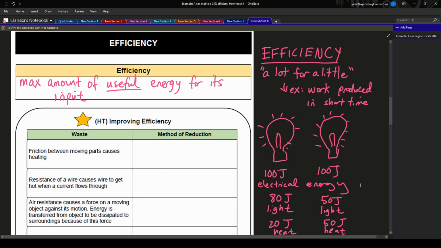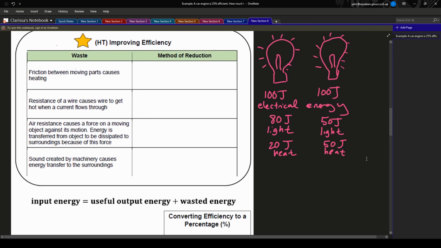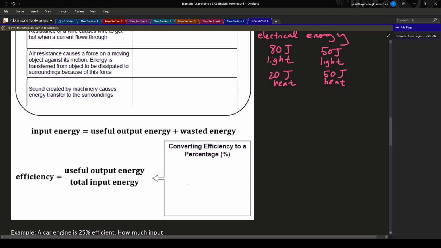So when you think about what efficiency means, it doesn't necessarily mean that it is... oh, here we go. This is a perfect example to highlight this. Let's say that we had two light bulbs again. Let's say there's 100 joules going into this one, 200 joules in this one.